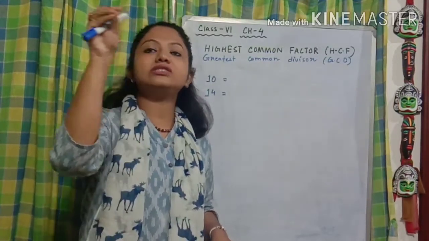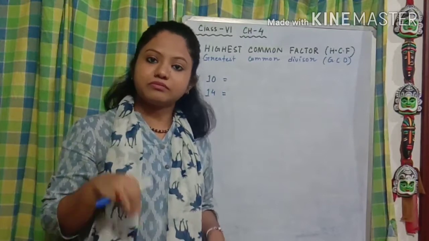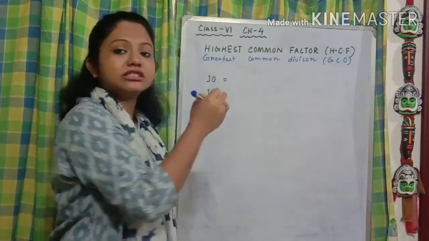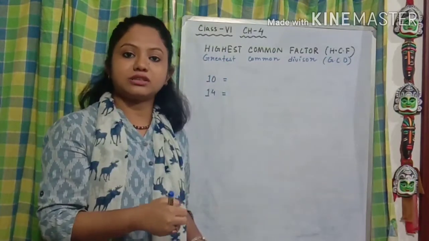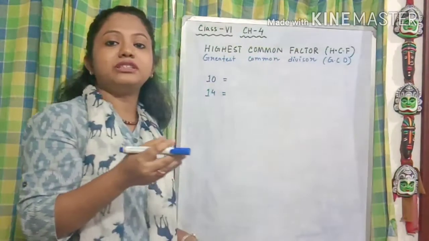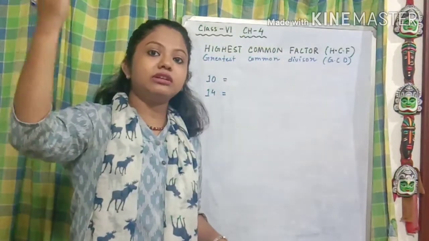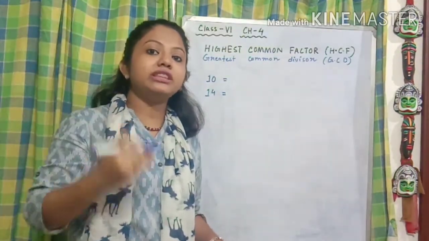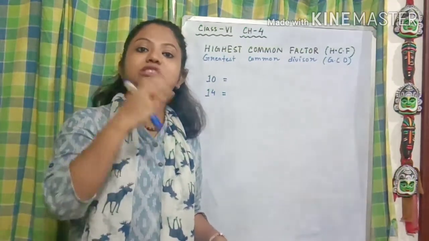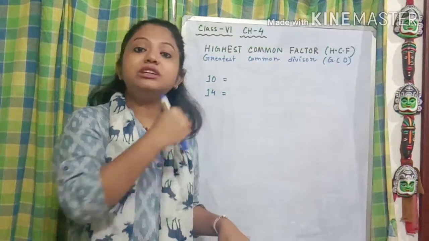That what is present in both of them, right? So we are going to find which factors are present in both of the numbers. That's why it is called common, and highest means the maximum number that is common between them, the factor by which it can be divisible.